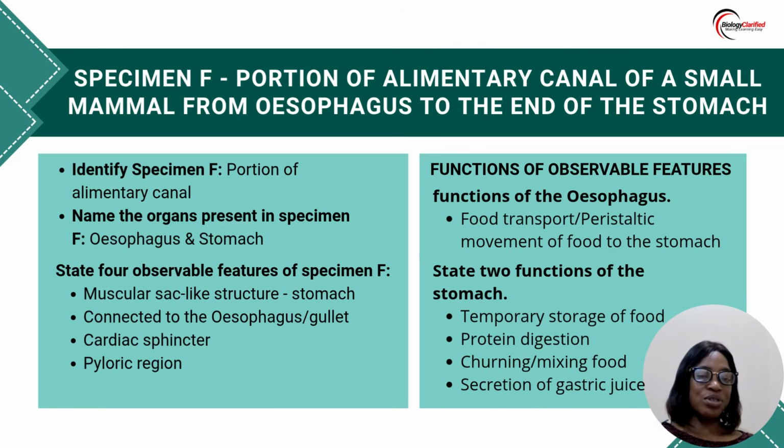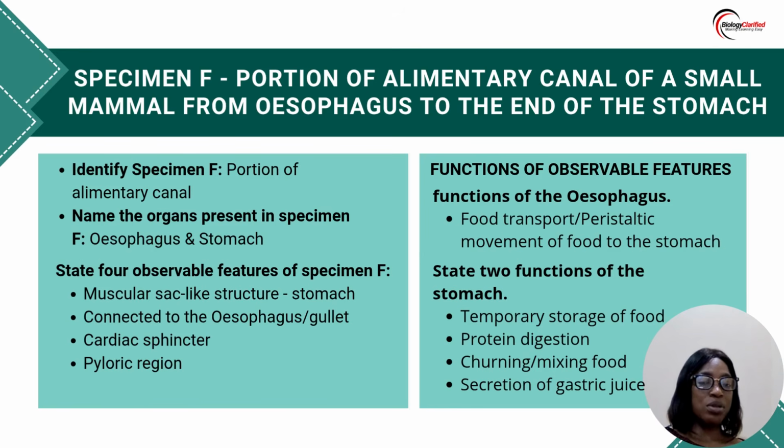Now, functions of observable features. Those features that you observe, the esophagus, the stomach, what are the functions? Esophagus function is just the movement of food bolus, food from the mouth to the stomach, and the movement is called peristaltic movement.